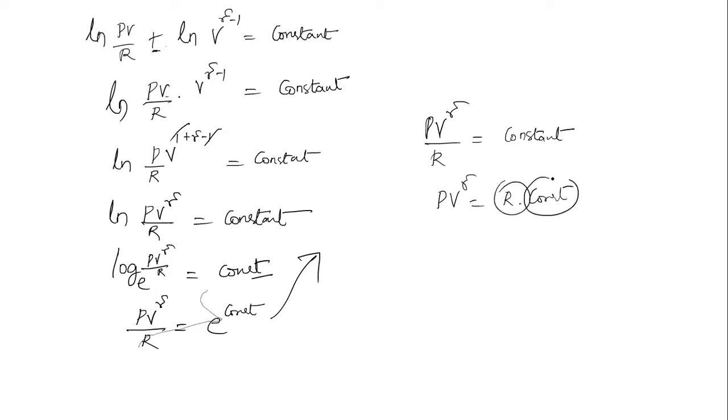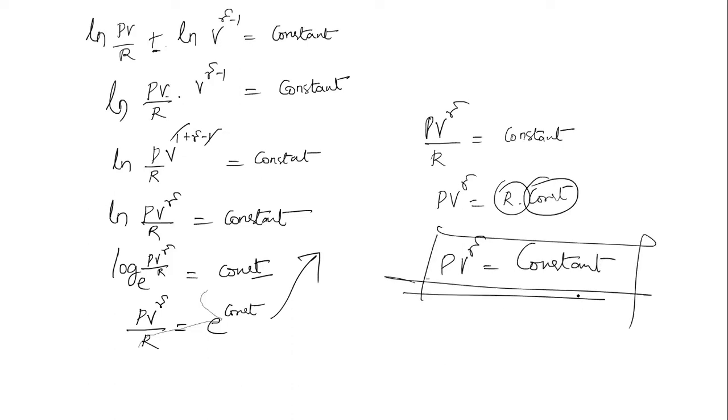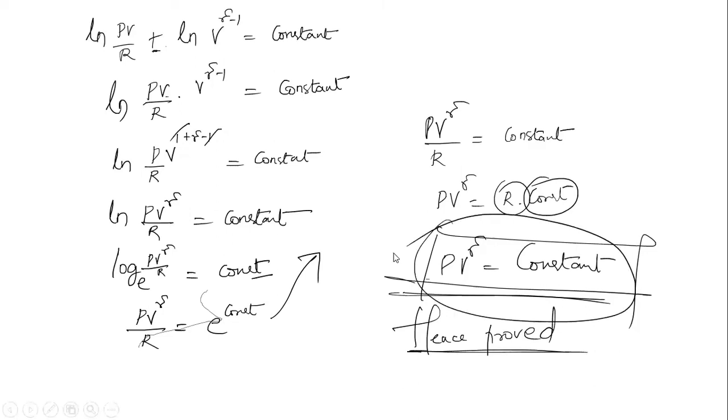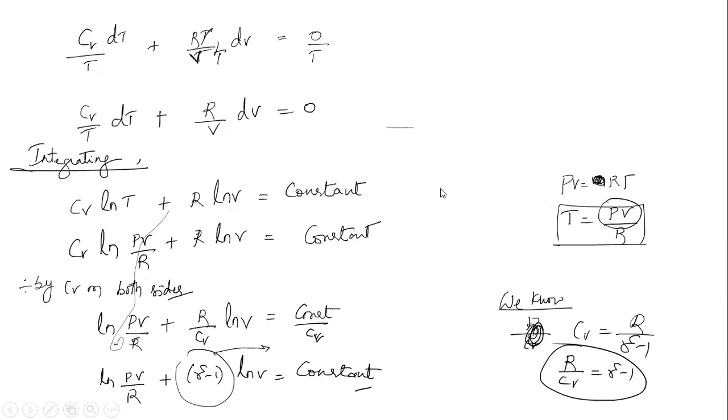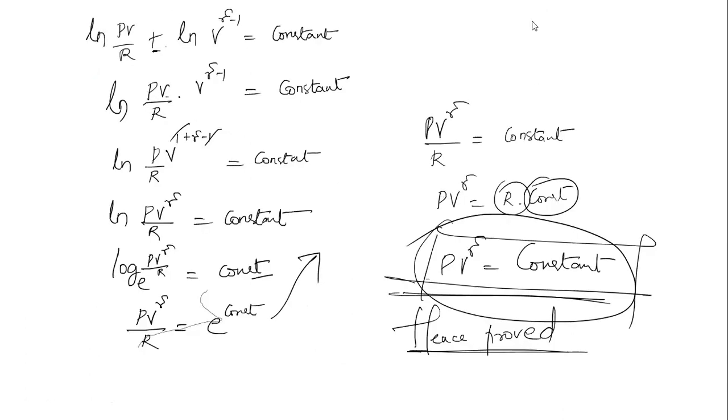This is also constant. Therefore, the final expression we remain with is PV to the power of gamma is equal to constant. So, what did we prove? PV to the power of gamma is equal to constant. That is the derivation of the law PV to the power of gamma equal to constant for an adiabatic process.